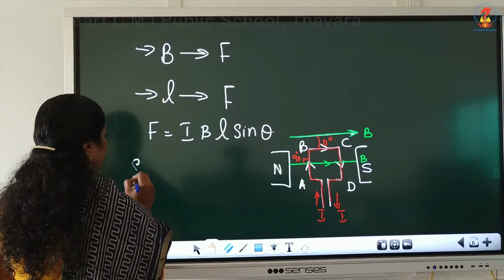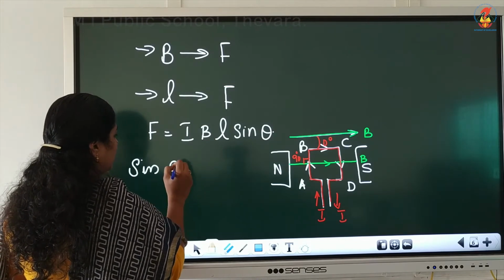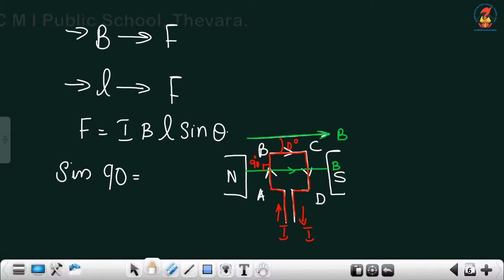So, sine 90 is equal to 1 and sine 0 is equal to 0.